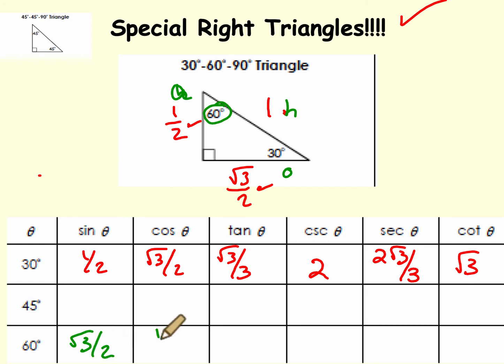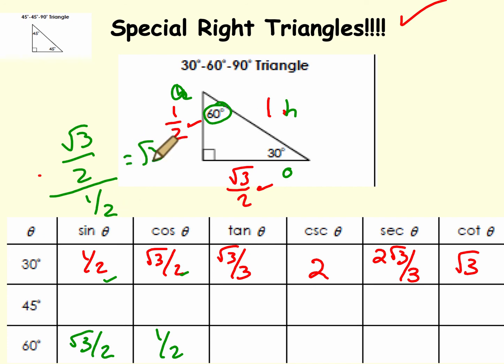Adjacent would be the 1/2. So notice they just switched. Now, square root of 3 over 2 over 1/2 would just give us square root of 3 over 1, which is just square root of 3.